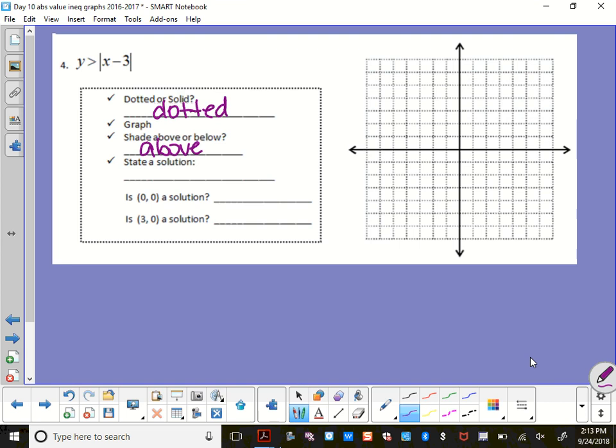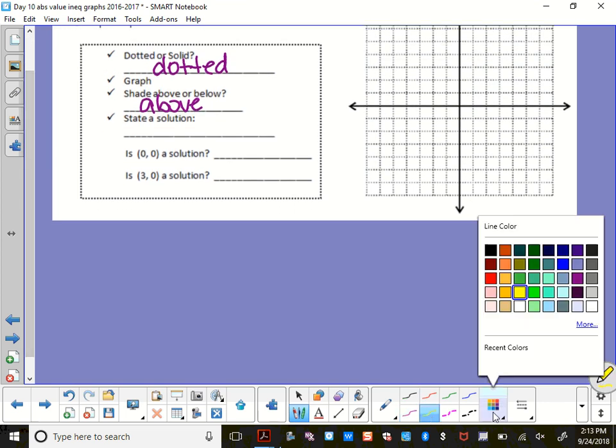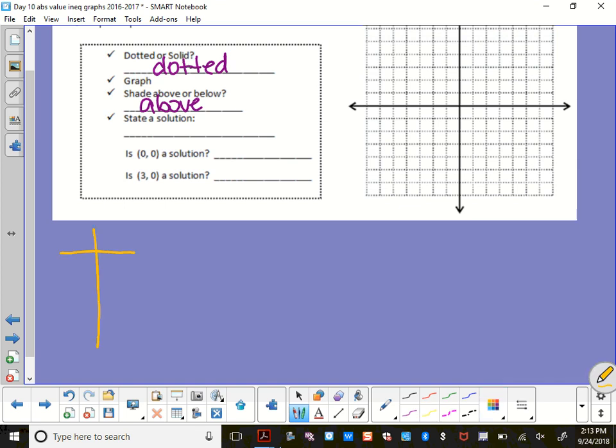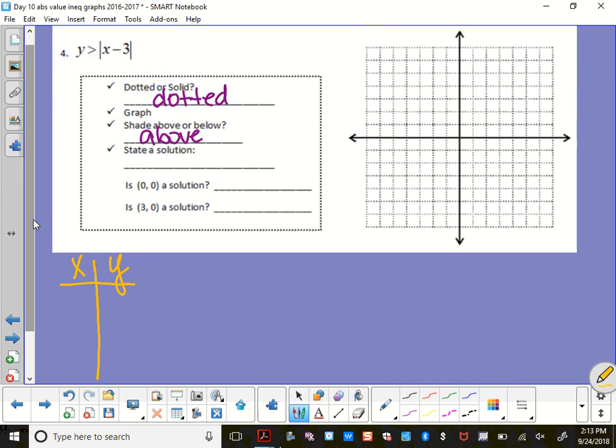Well, let's get some points first. All right, so what's my vertex going to be? There's not a number back here, but I can assume it's just 0, right?